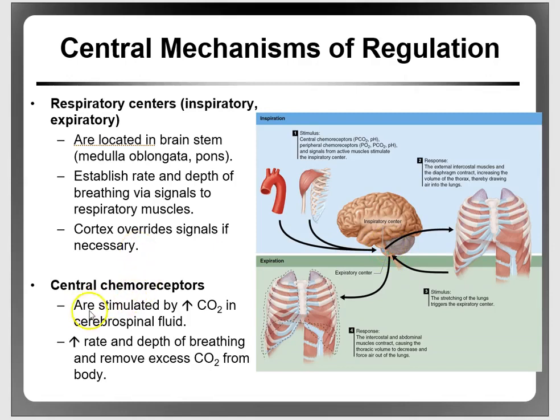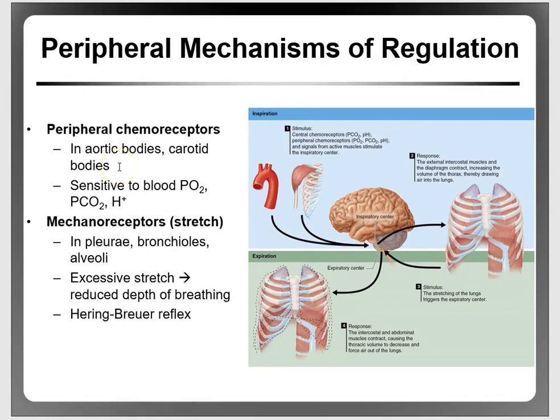We talked a little bit about those central chemoreceptors in the brain and how they affect the rate and depth of your breathing to help get rid of CO2. And then the peripheral ones are outside the central nervous system, right? That's what's meant here by peripheral. Those are chemoreceptors located in the aorta portion here, and also the carotid bodies, where the carotid arteries split off from the aorta.